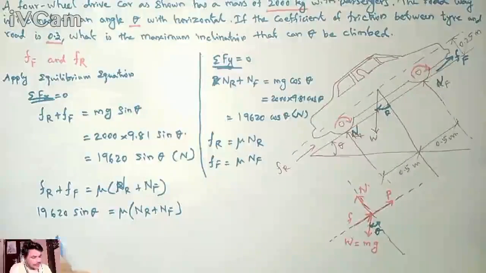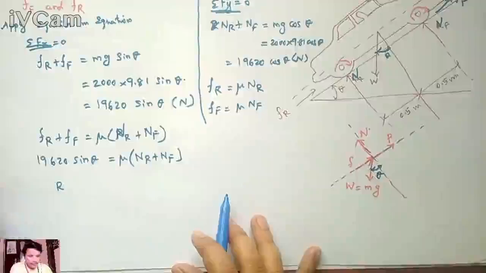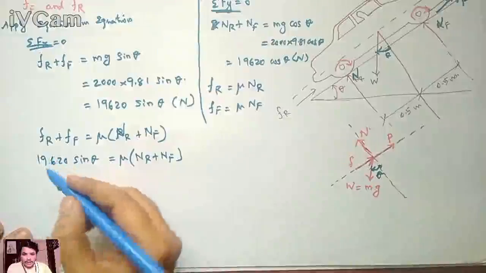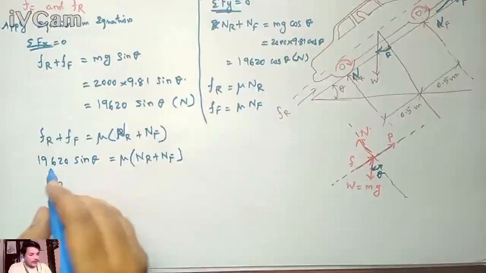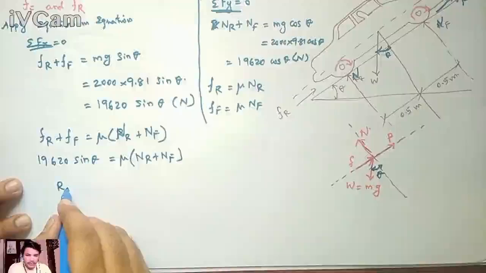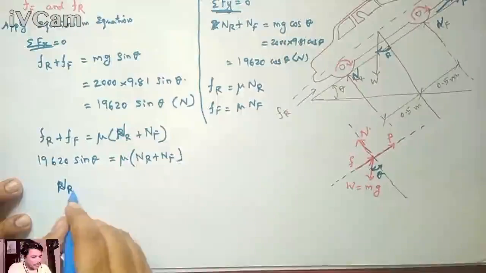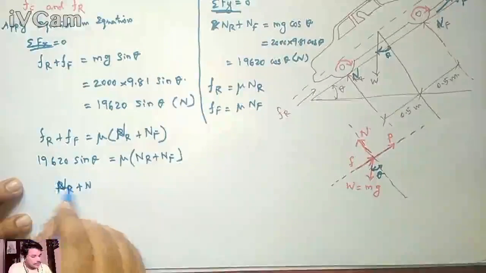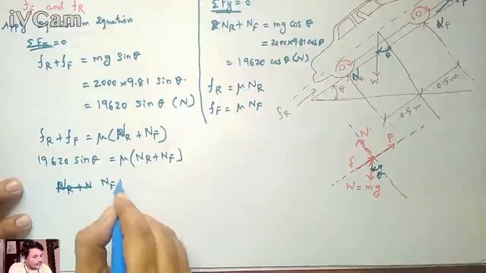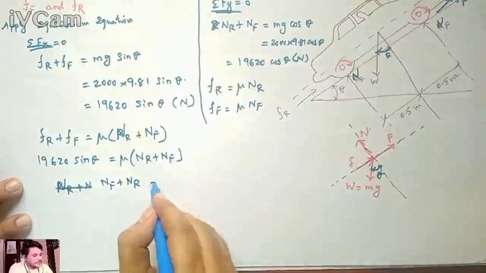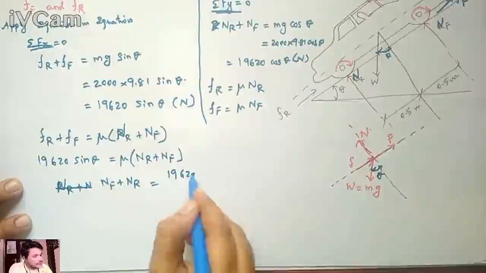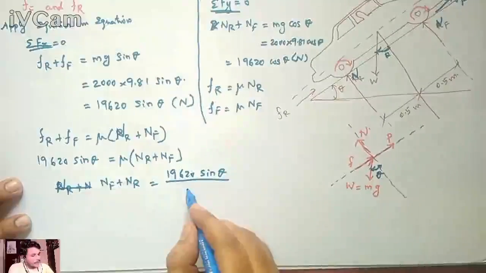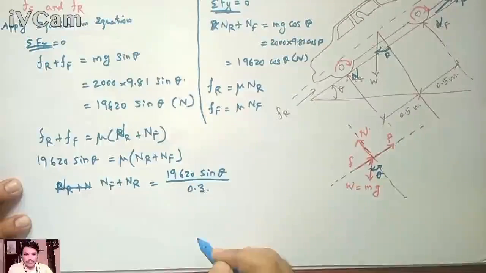So NF plus NR is equal to 19620 sin theta divided by 0.3, right?